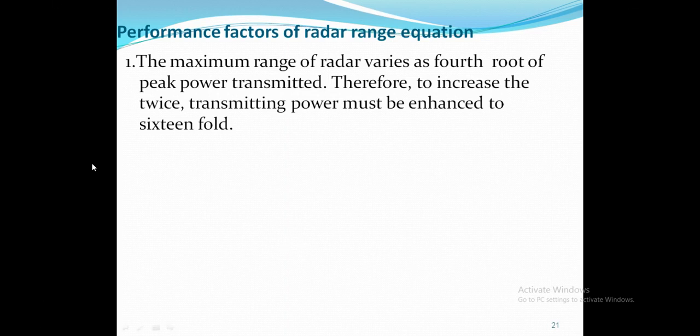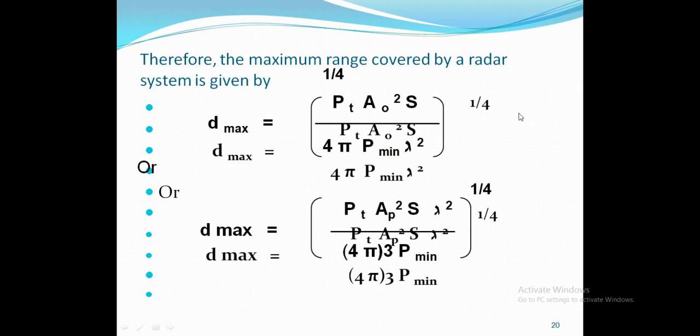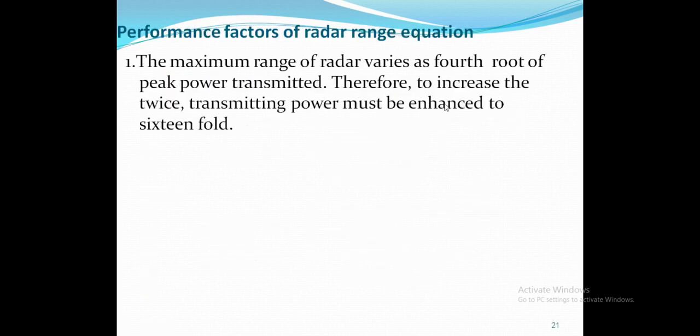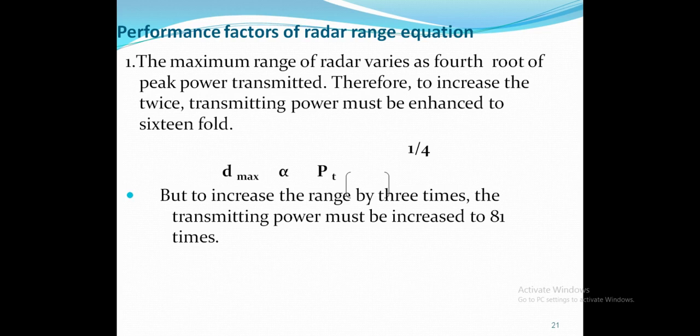Here the performance factors of the radar range equation: the maximum range of the radar varies as the fourth root of the peak power transmitted, that is, to the power of 1 by 4. Therefore, to increase the range twice, the transmitting power must be enhanced 16 fold.